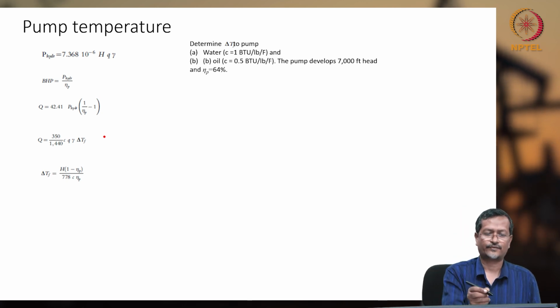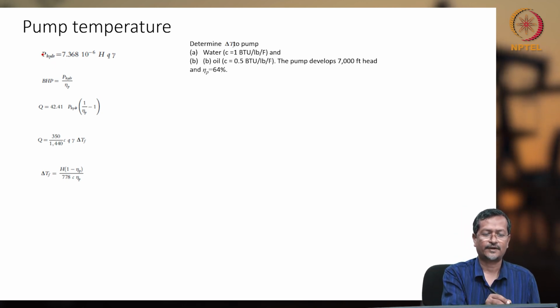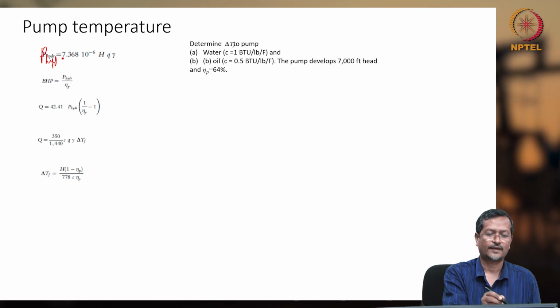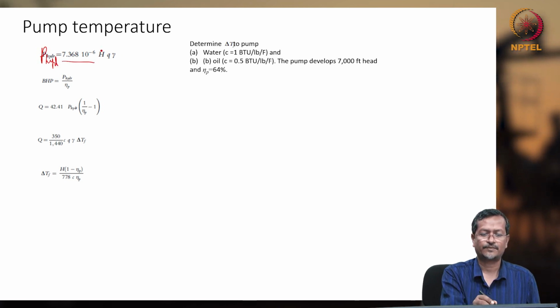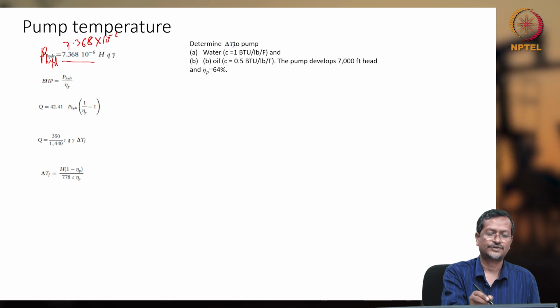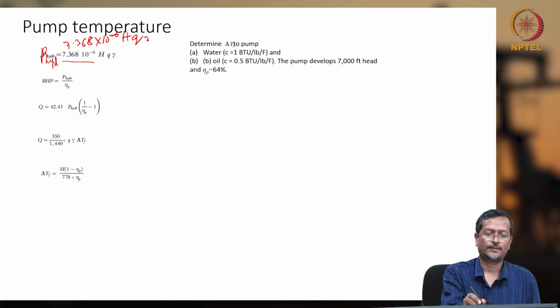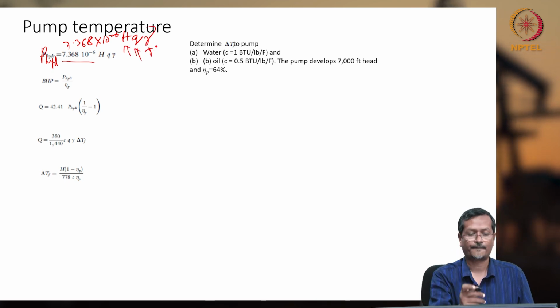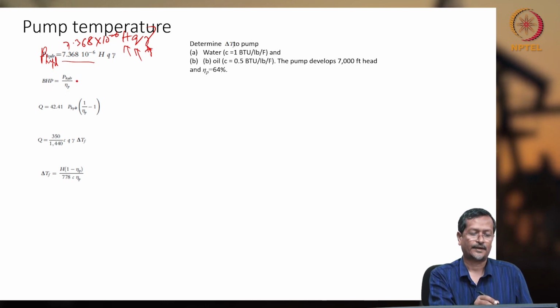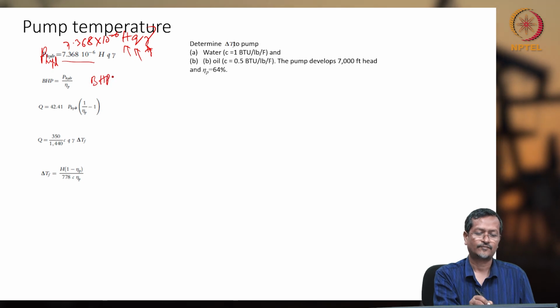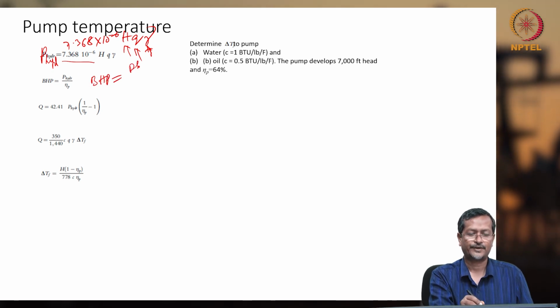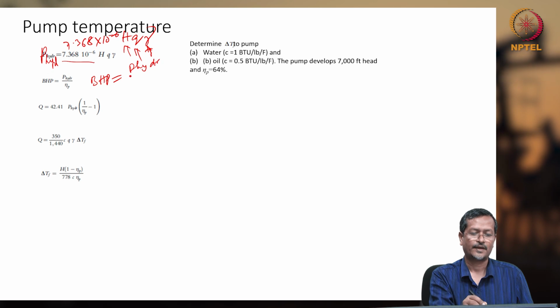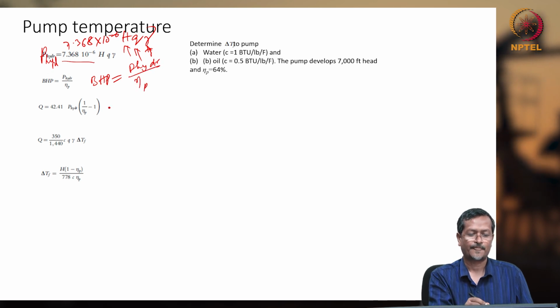Okay, let's see the formulation. Hydraulic power, P hydro equals 7.368 times 10 to the power minus 6 times H Q gamma. H means head, Q means flow rate, gamma means specific gravity of the water or liquid. And BHP, brake horsepower, is P hydro divided by eta P, the pump efficiency.